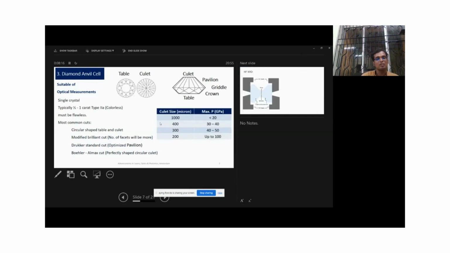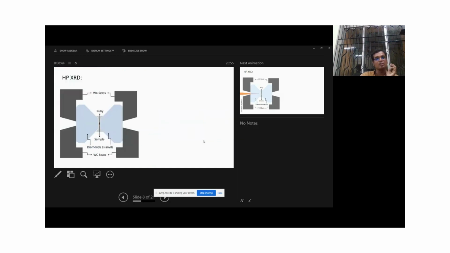So as we discussed, by changing the culet size, the area of the sample, we can exert higher pressures on the sample. For example, with 1000 micron, the pressure we can achieve is about 20 GPa. With a 200 micron culet size, we can reach up to 100 GPa.